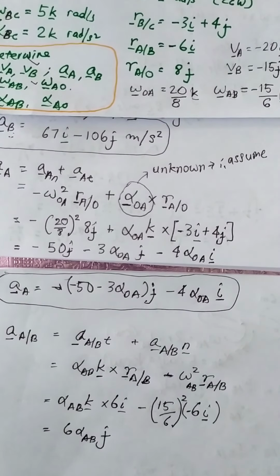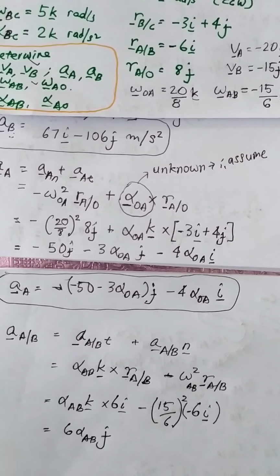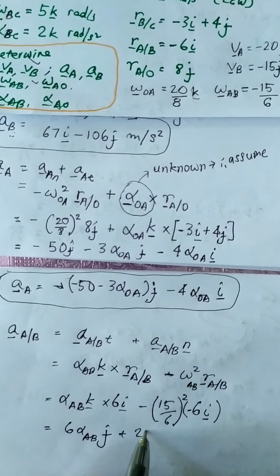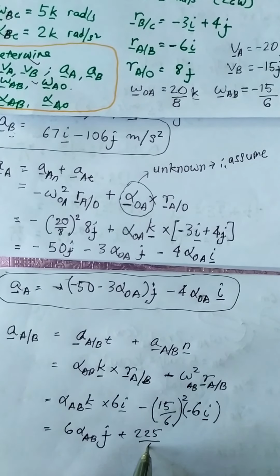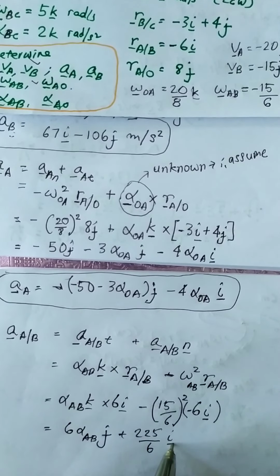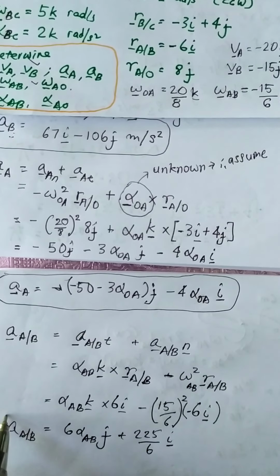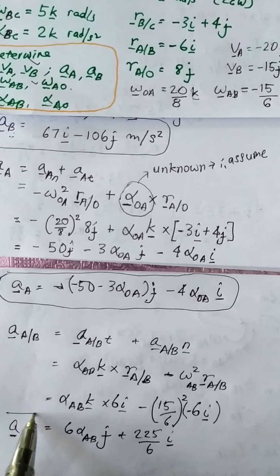So that is the value of acceleration A relative to B, the vector.